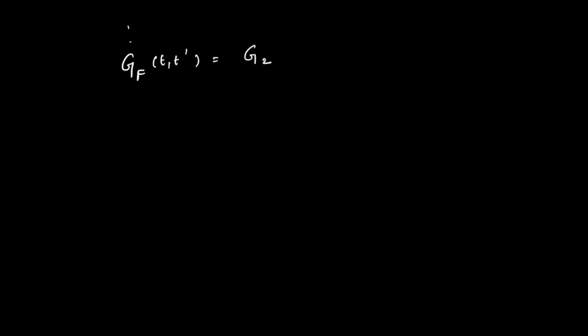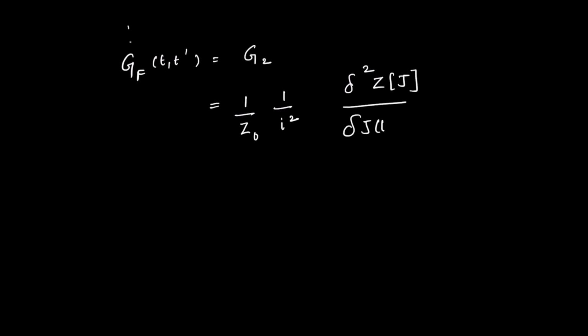So in the 2 point function I have to take 2 derivatives, right? So I'll write 1 by Z naught, 1 by i squared, then 2 derivatives of Z of J, with respect to J of t, and the second derivative with respect to t prime, at J equal to 0.